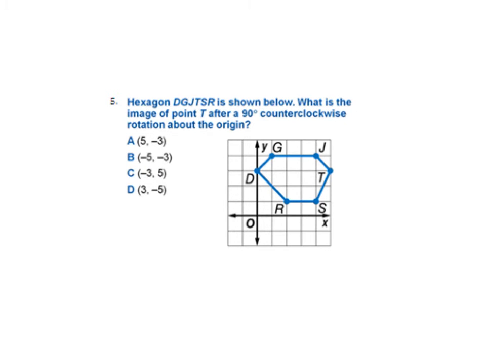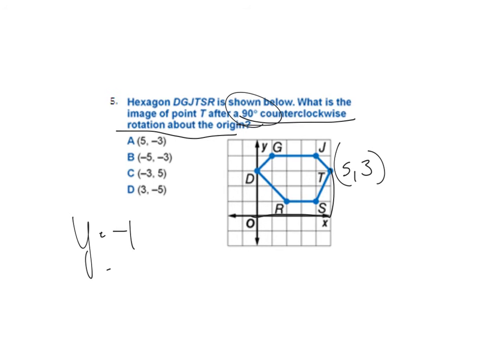Hexagon D, G, J, T, S, R is shown below. What is the image of point T after a 90 degrees counterclockwise turn around the origin? Let's figure out where T is. T is 5, 3. 90 degrees says take y times negative 1 and then switch.